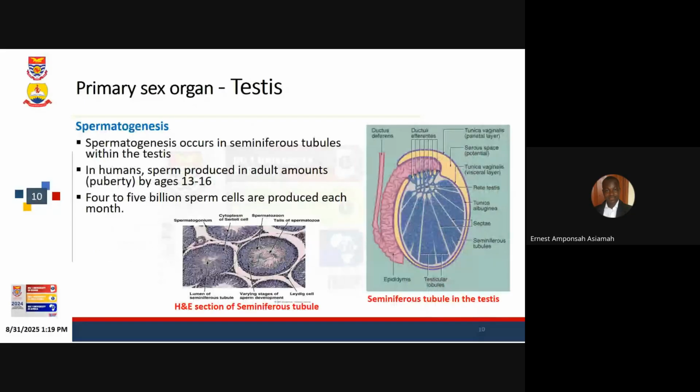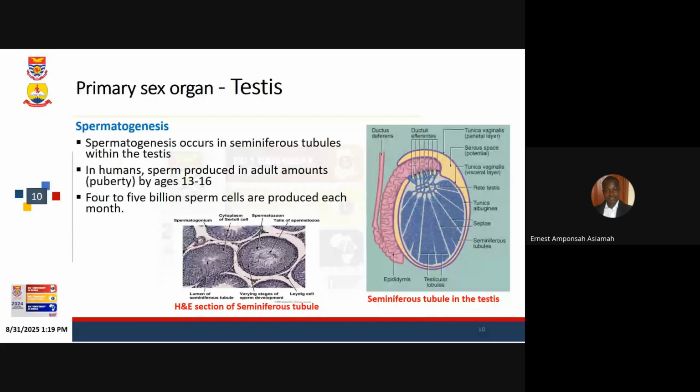We look at the production of sperm, which is spermatogenesis, within the testes. The testis is made up of several tubules, which we call the seminiferous tubules, and this is where spermatogenesis is occurring.